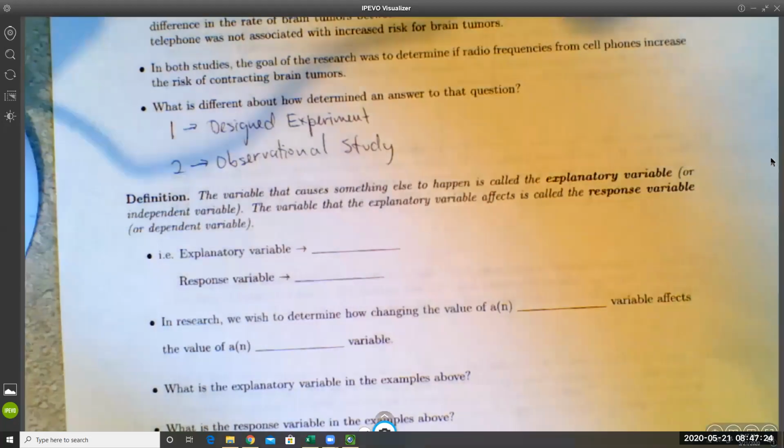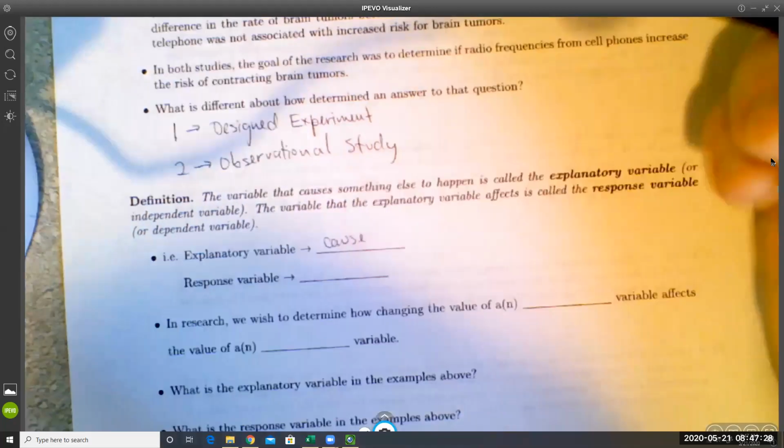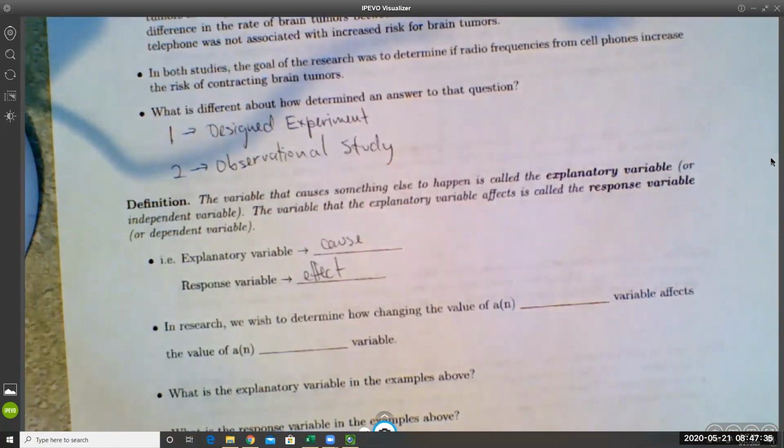So in other words, you can think of the explanatory variable as the cause, and the response variable as the effect. And it's not necessarily always clear which variable is causing the other one to happen. In fact, there might not be a cause and effect relationship between the variables in a study. But oftentimes, we are interested in looking at causal relationships.